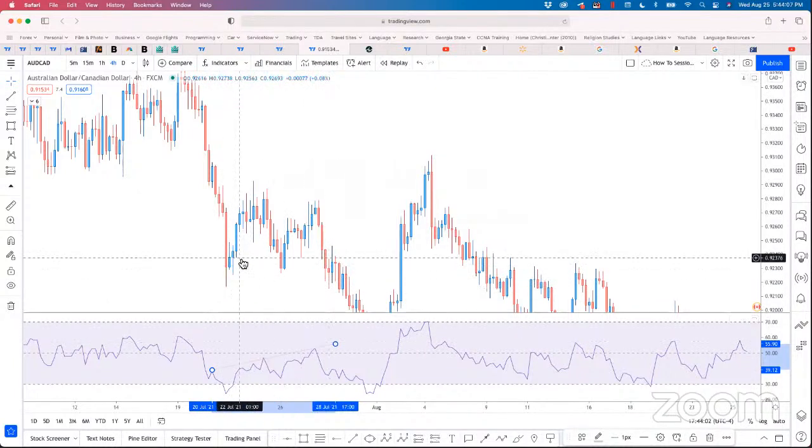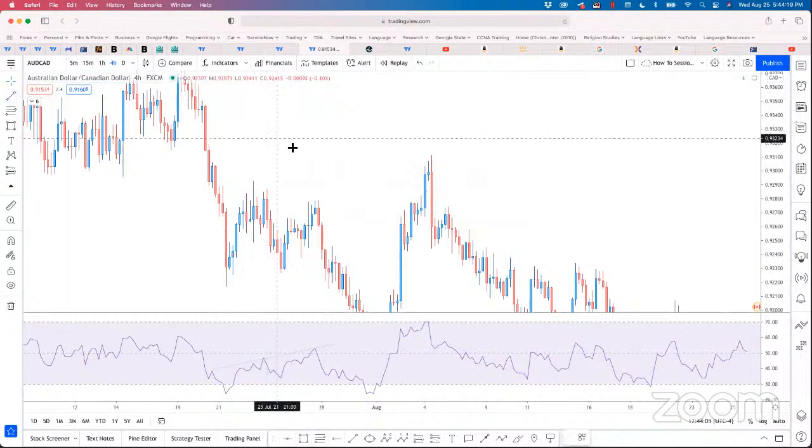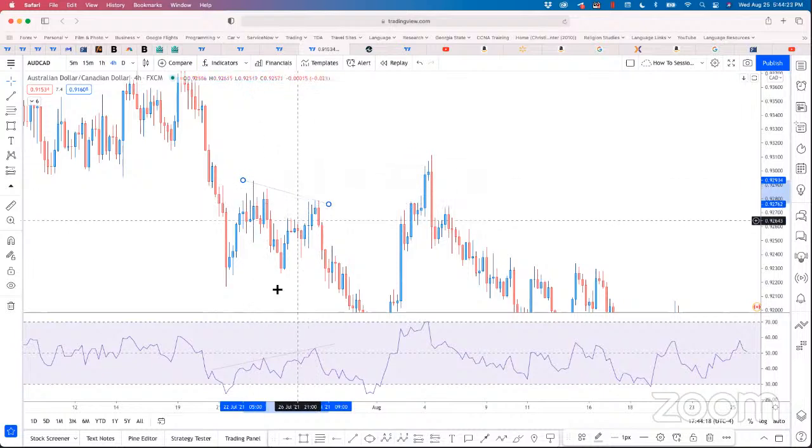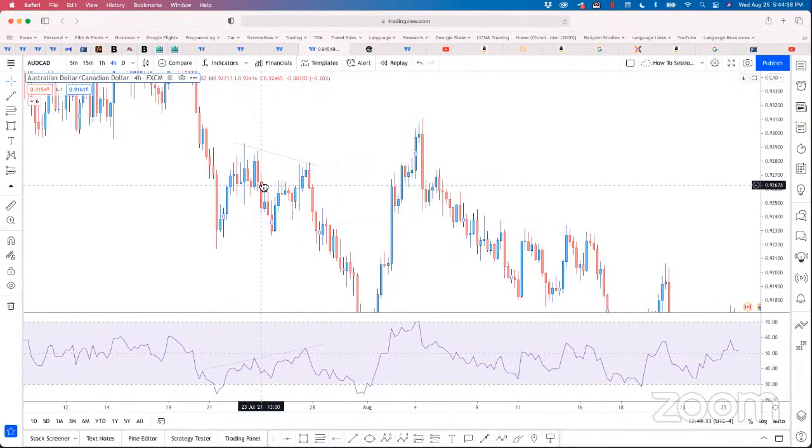But if we look at these prices right here, we have a divergence between the highs on the RSI and the highs on the chart pricing. We're making lower highs while RSI is making higher lows, implying that it's reaching the area where we could see a sell from, and we did. So in this case, divergence was correct.